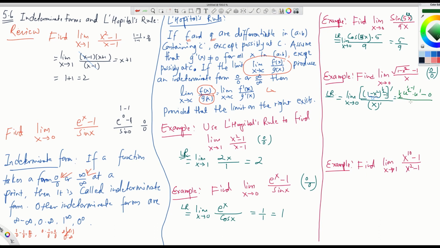Divide by 1. Okay, let's plug in the values. Limit x tends to 0, 1/2 times 1 minus x squared to the negative 1/2, because 1/2 minus 1 is negative 1/2, times the derivative of u. The derivative of 1 is 0, and then minus the derivative of x squared is 2x.